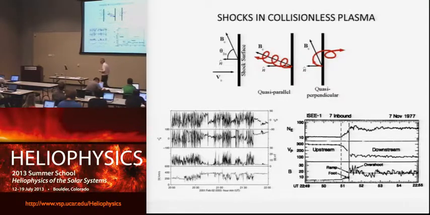And it turns out that the distinction between quasi-parallel and quasi-perpendicular is also seen in the structure, in the kind of magnetic field we see. And so in the quasi-perpendicular shock, and this is an example here, this is actually closest to the idea of a discontinuity.